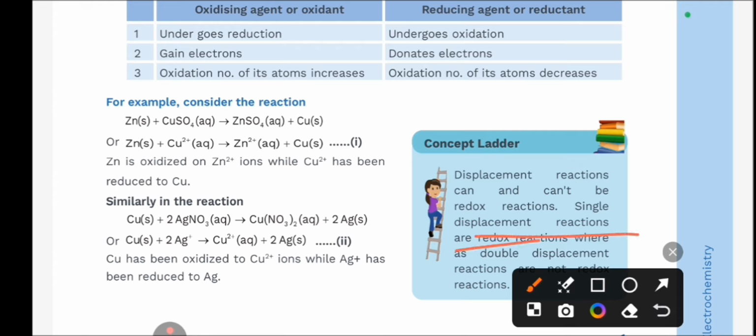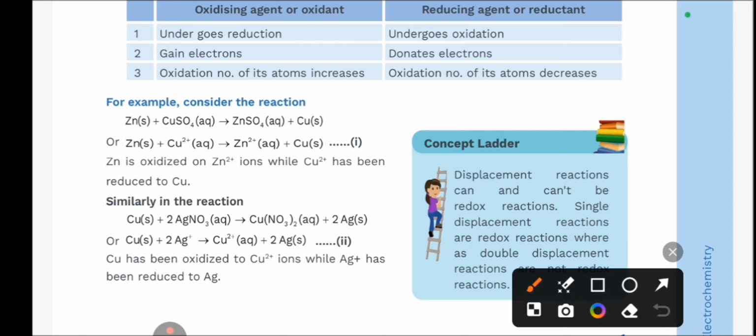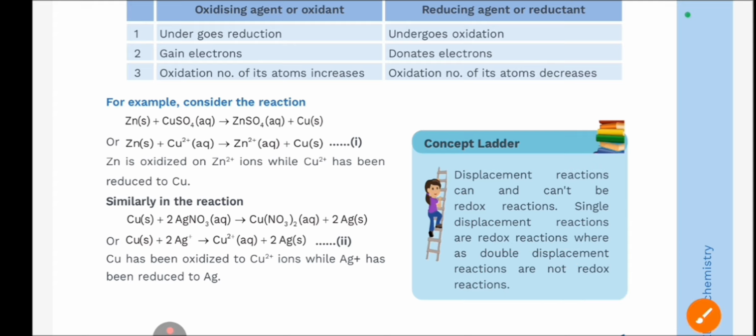But if you consider a double displacement reaction, then it is not a redox reaction. So in displacement, two types are there, single and double. Single always carries out redox, but double displacement is not an example of redox.